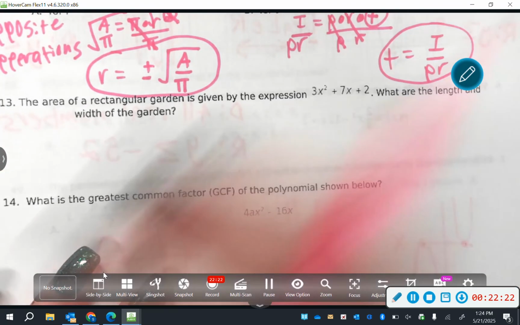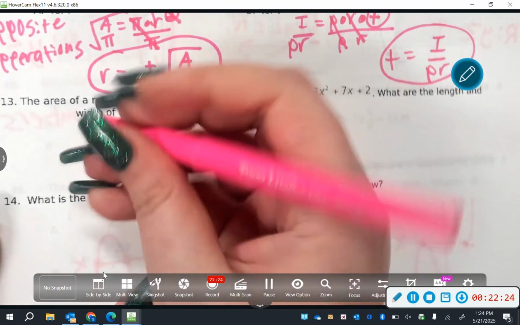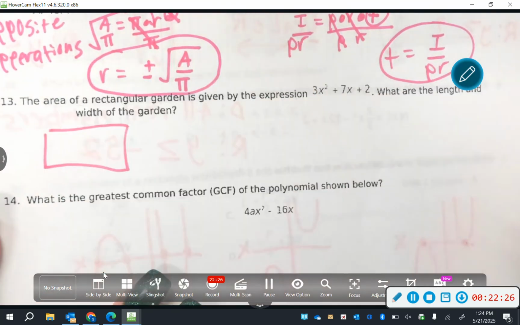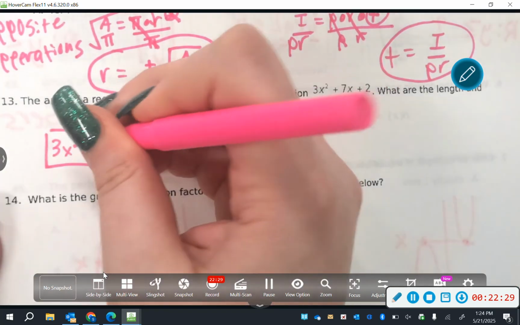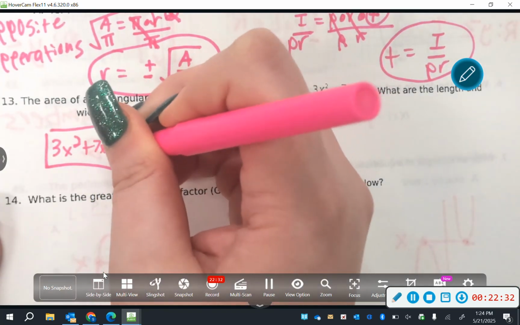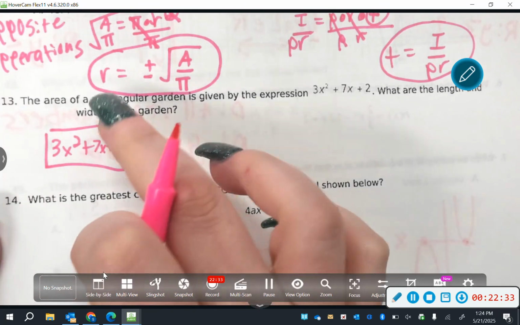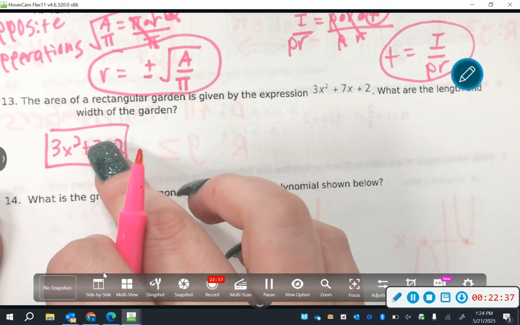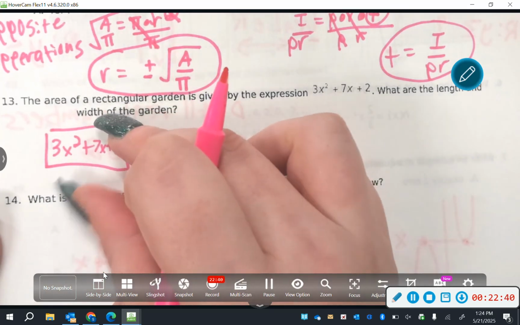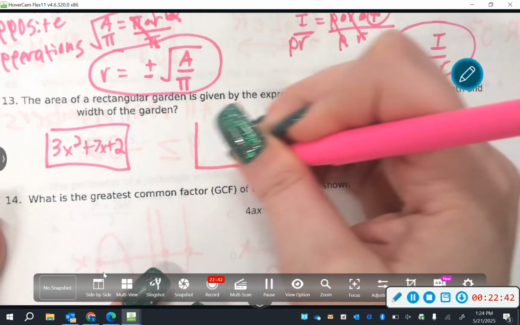The area of a rectangular garden is 3x squared plus 7x plus 2. What are the length and the width of the garden? If they give you an area and you are trying to solve for your sides, you are doing your big X's.